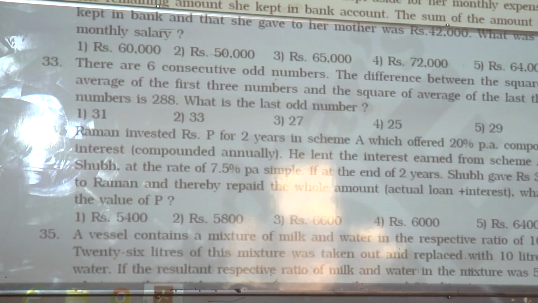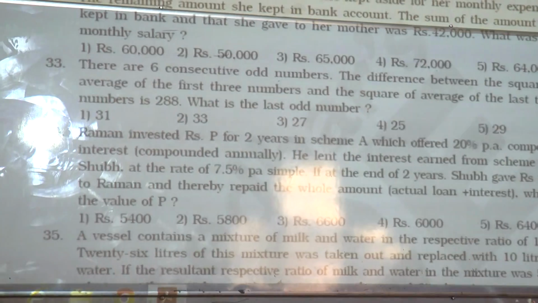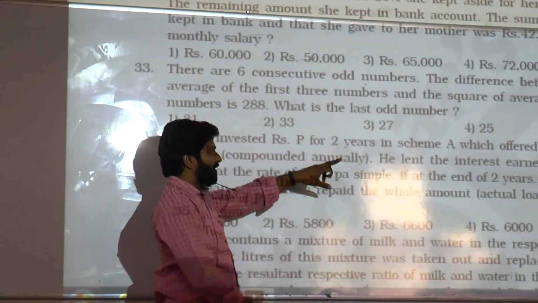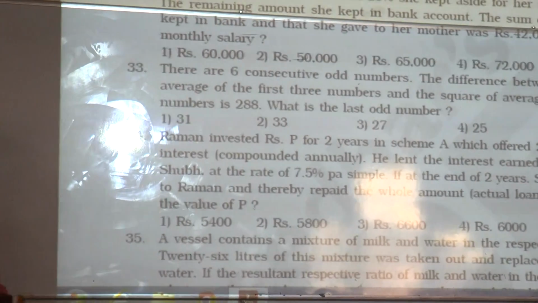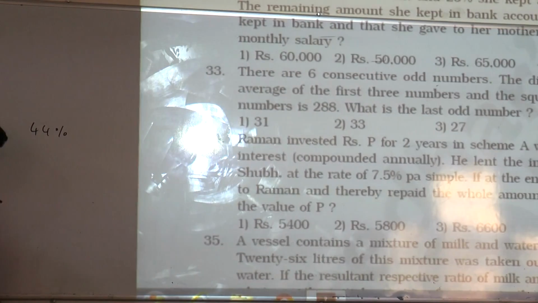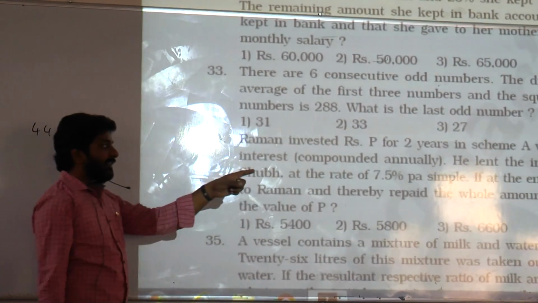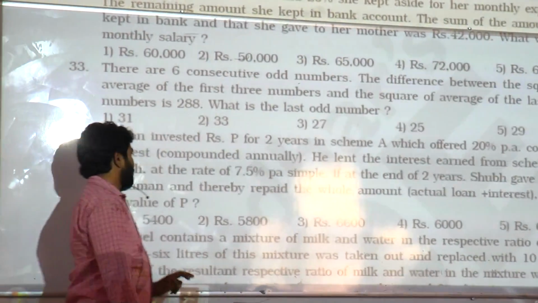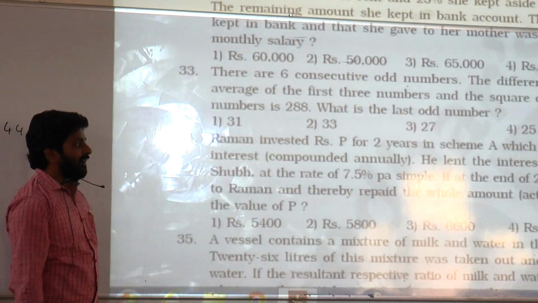Okay, let's start with 100%. Raman invested 100% for 2 years at compound interest at the rate of 20% per annum. So in 2 years together he will get 44% interest. He lent the interest earned from scheme A, which is 44%, to Shubh at the rate of 7.5%.